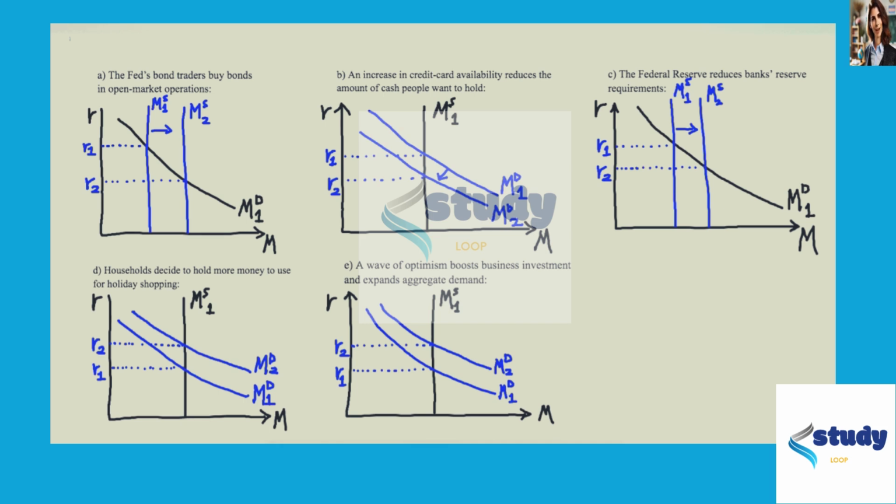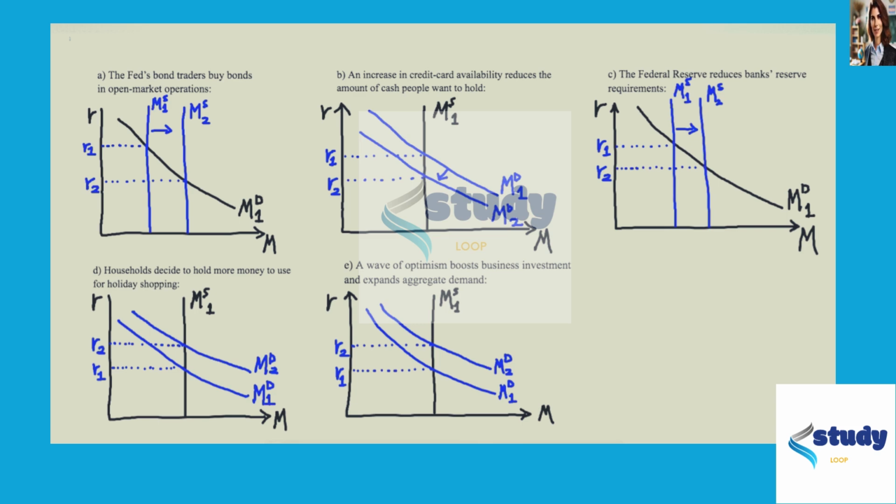So we see there is a negative relation between the interest rate and money holdings, and hence the curve will be downward sloping. All right, so part one asks, what happens when the Fed's bond traders buy bonds in open market operations? Well, this is not a very difficult question because we know that when the Fed's bond traders buy bonds, they increase the supply of money in the economy. So the money supply curve will move from MS1 to MS2.